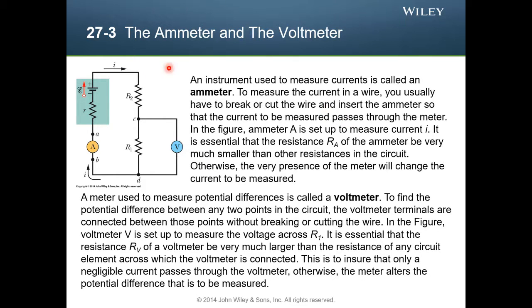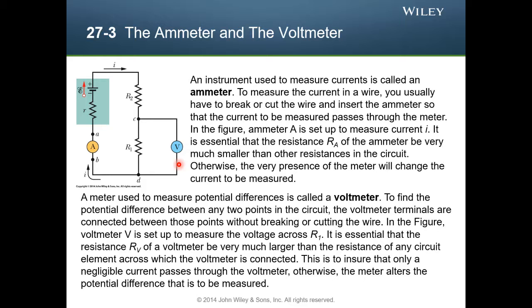So this is called the ammeter and the voltage meter. Of course, a voltage meter is used to measure the voltage. So actually, the voltmeter should have a very large resistance, which means that if you connect the voltage meter there, it shouldn't change the original circuit much, which means there shouldn't be much current going through this voltage meter.